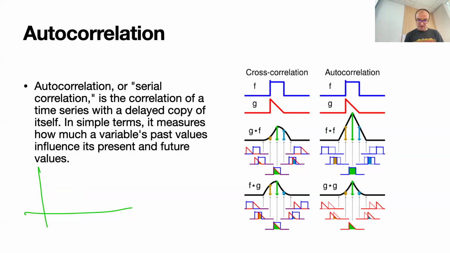If I have a straight line and I know it's a constant, and I know its value here, what will be the value here? It will be exactly the same. So my current position tells me enough information to predict the next step.